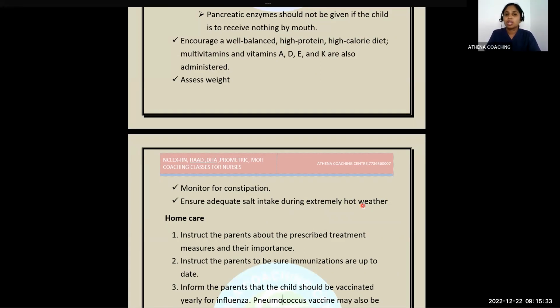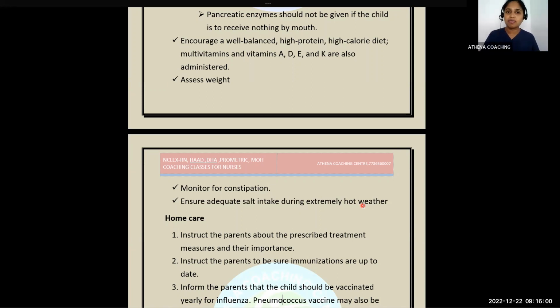You are not supposed to increase or restrict it. Restriction of sodium is not necessary, and replacing sodium is also not necessary. Whatever amount of sodium our body requires, that needs to be given.